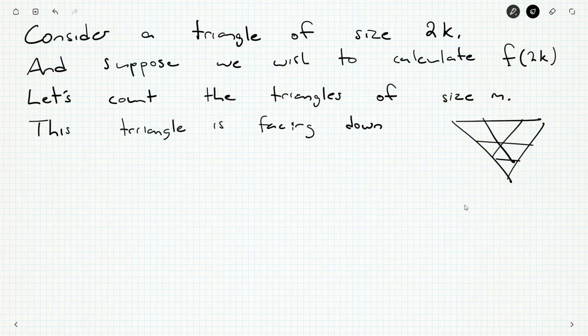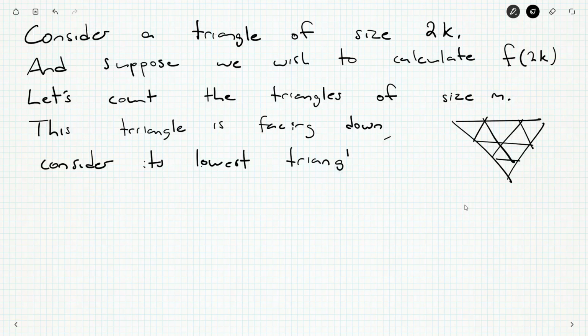Yeah, so there's an example. So this triangle is facing down. Consider its lowest triangle. And I draw a little picture there. Okay, so the lowest triangle.